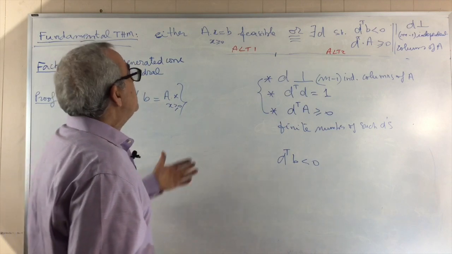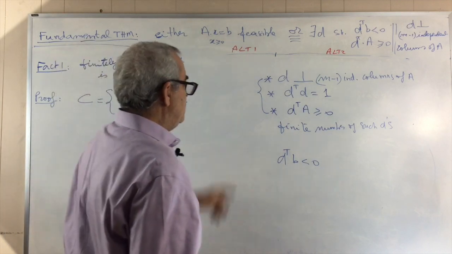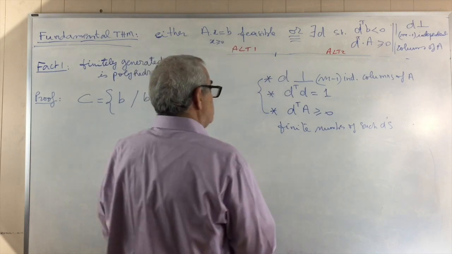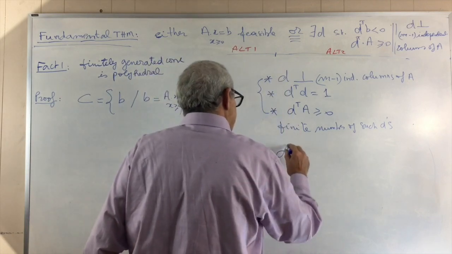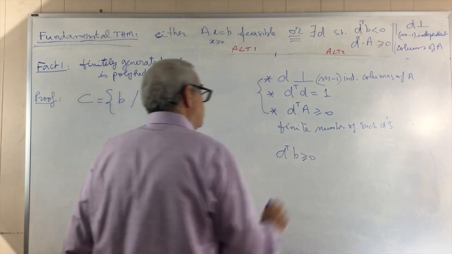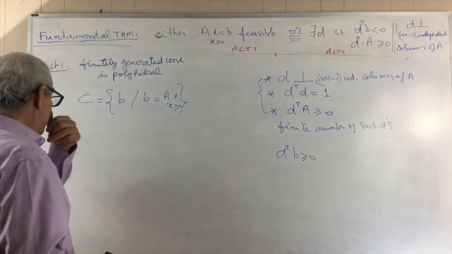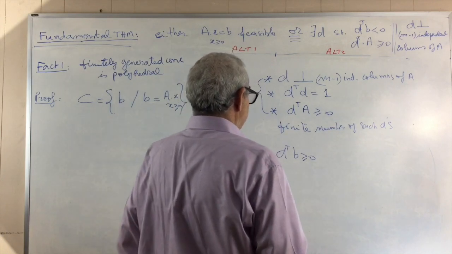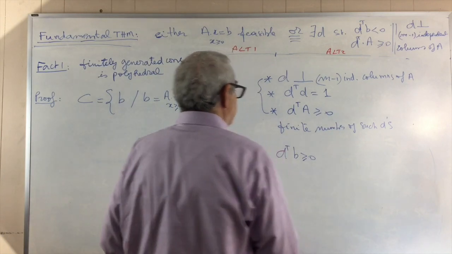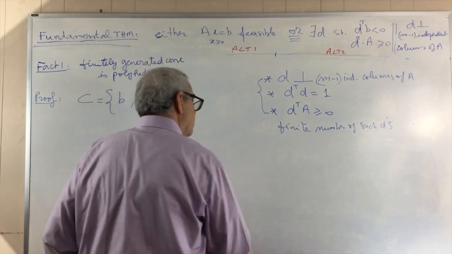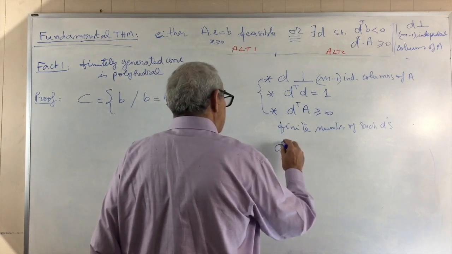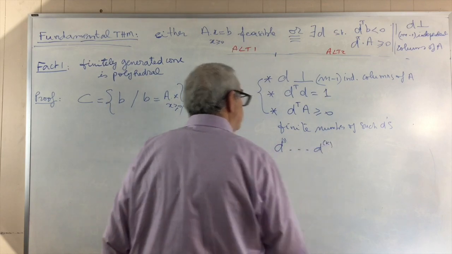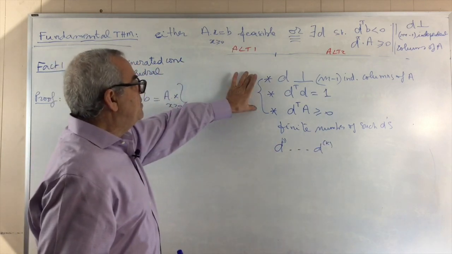Another way of saying it: if this is feasible, that means d transpose b is greater or equal to 0. There are only a finite number of such d's, so let's call them d1 through dk.